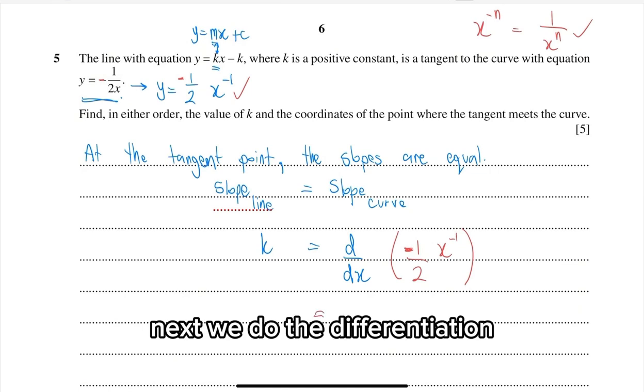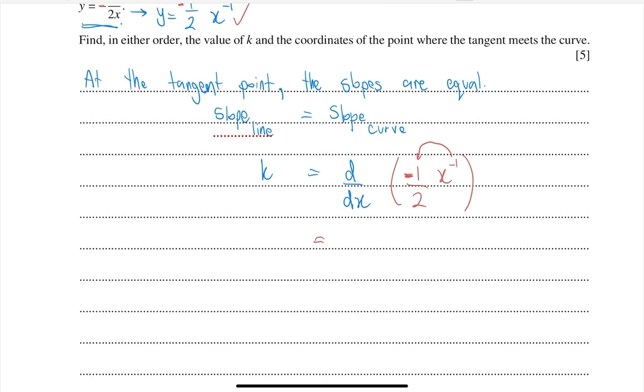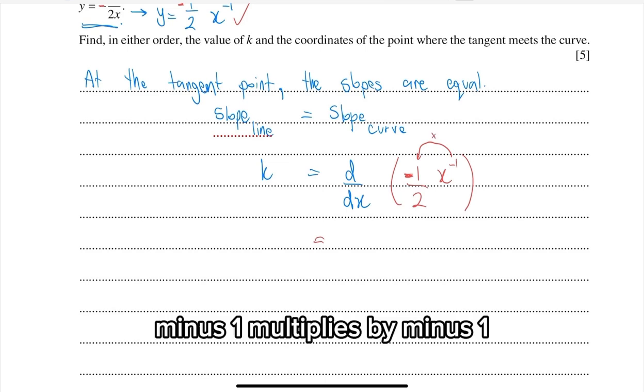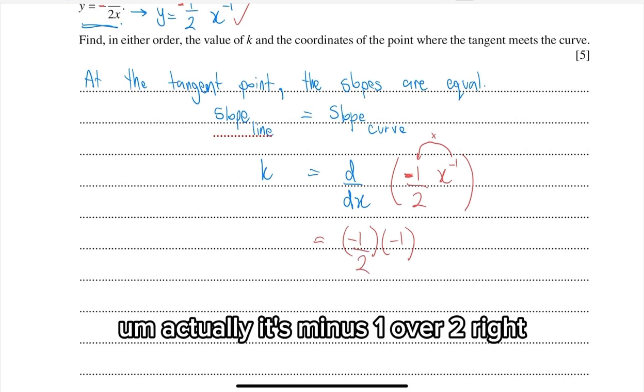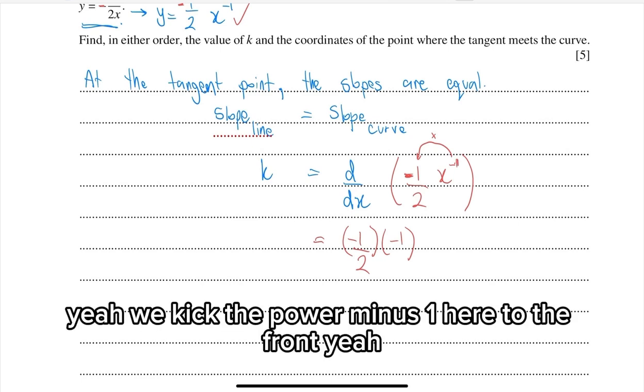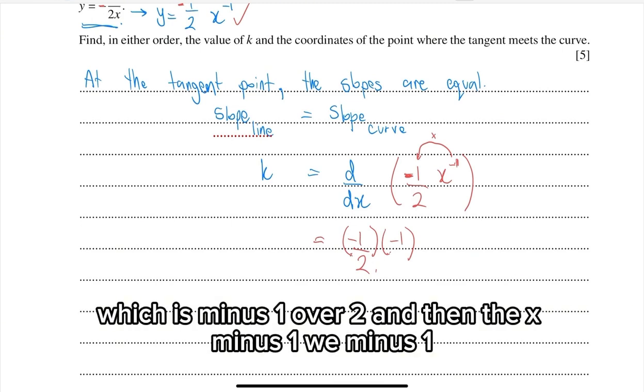Next, we do the differentiation. So we kick the power to the front. Minus 1 multiplies by minus 1, right? Actually, it's minus 1 over 2, right? Yeah, we kick the power minus 1 to the front and multiply by the number that we already had, which is minus 1 over 2.